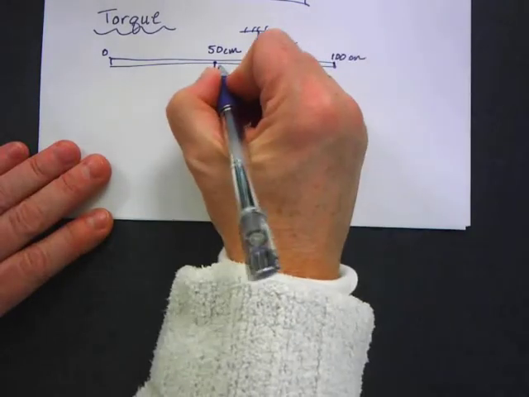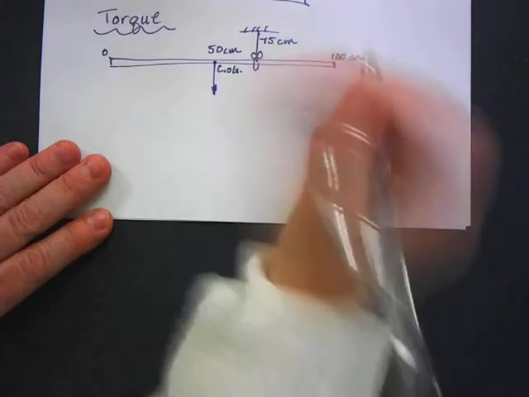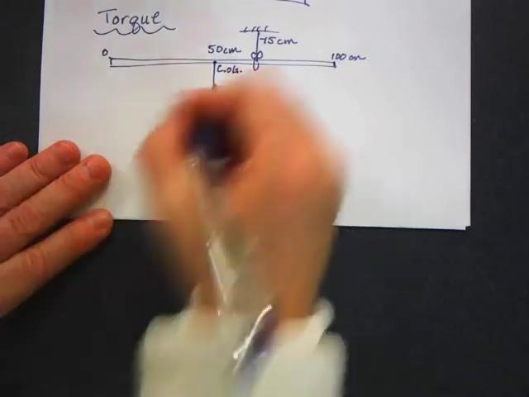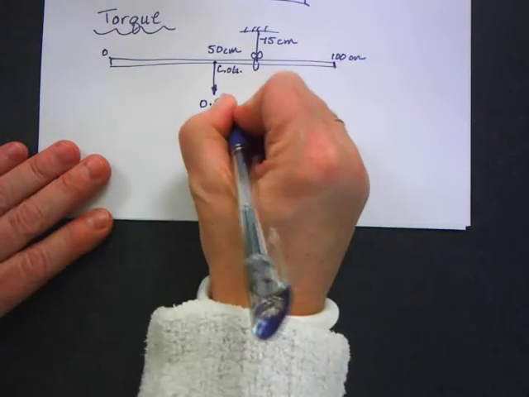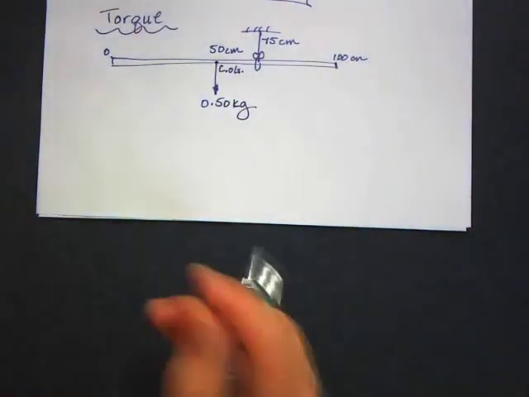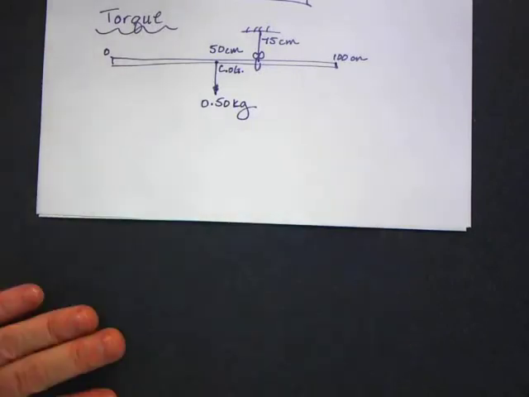We talked about center of gravity right before break. So it's as if all of the weight of the meter stick is concentrated at that spot. So I'll put C-O-G right here. You know what that means, right? Center of gravity right in the middle. And let's say the meter stick has a mass of 0.5 kilograms. So a half a kilogram.